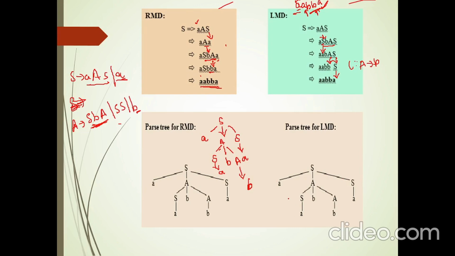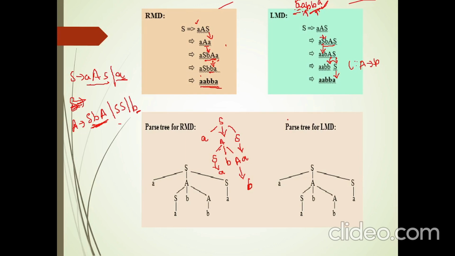Similarly, you can apply it on the parse tree for an LMD. First, start from S. S will give you A, S as children. Now, which is the leftmost non-terminal to be applied to get the remaining characters? After A, the next character I wanted is A, isn't it?